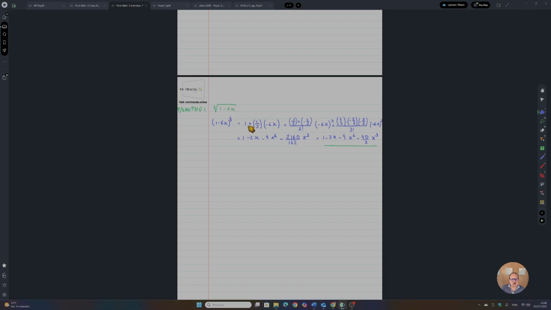This is 1/3, just apply the expression. n times the expression plus n times n minus 1 over 2 factorial times the expression squared plus n times n minus 1 times n minus 2 divided by 3 factorial times the expression cubed. Just simplify and simplify. They don't even bother to ask the range of values for which this is valid, all right? You just have to show this.